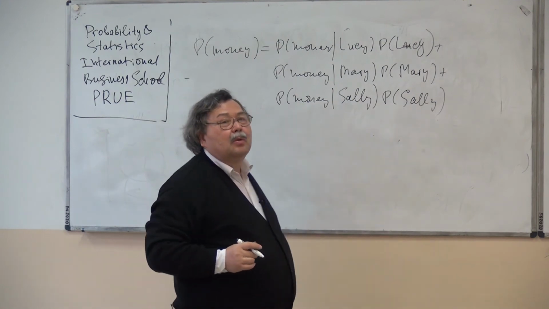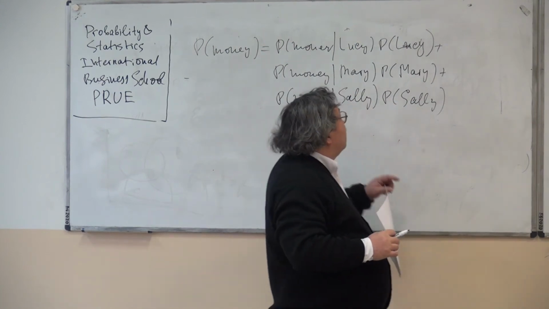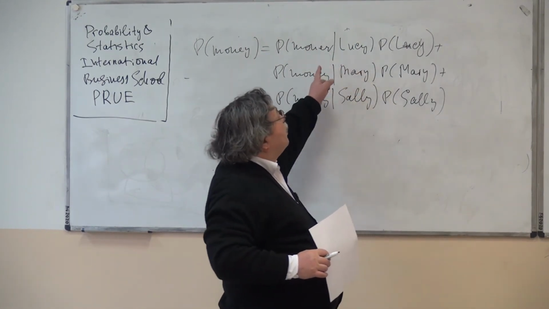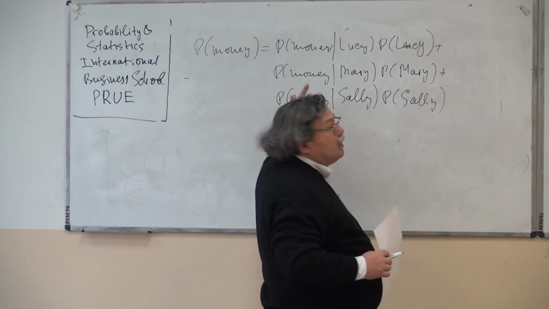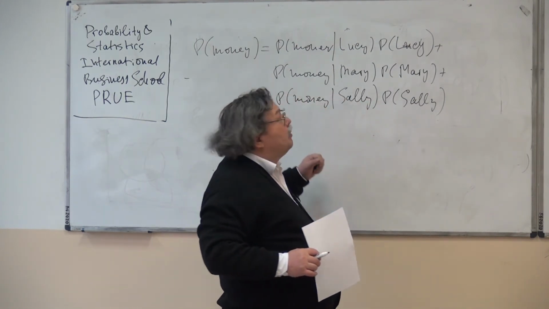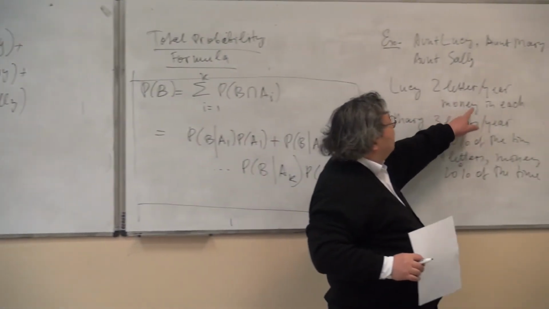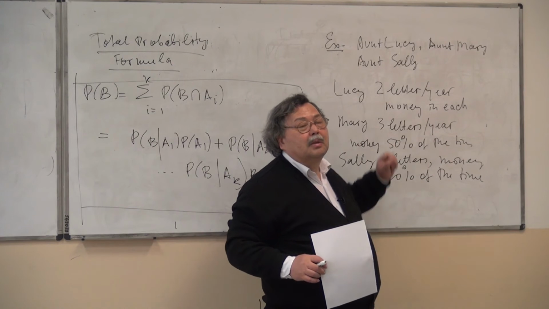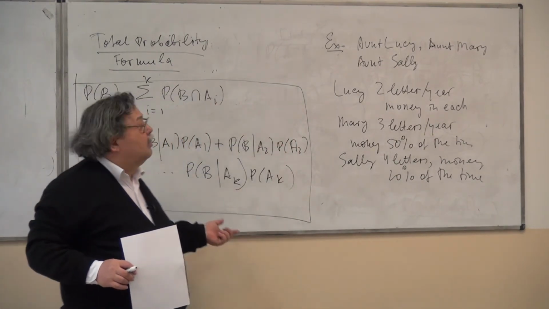Okay, do we know all that we need to know to use this formula? Actually, yes. Look at this first term here. What's the conditional probability that there is some money in the letter if it comes from Aunt Lucy? Where do we find it here? Money in each. So the probability is 1. And what's the probability that it comes from Lucy?